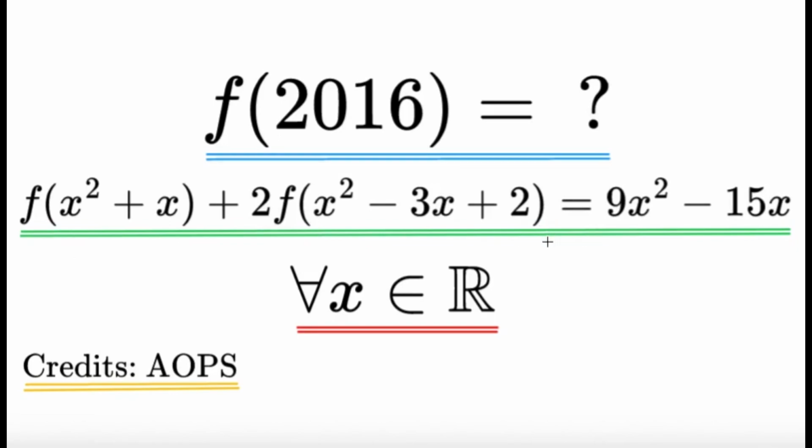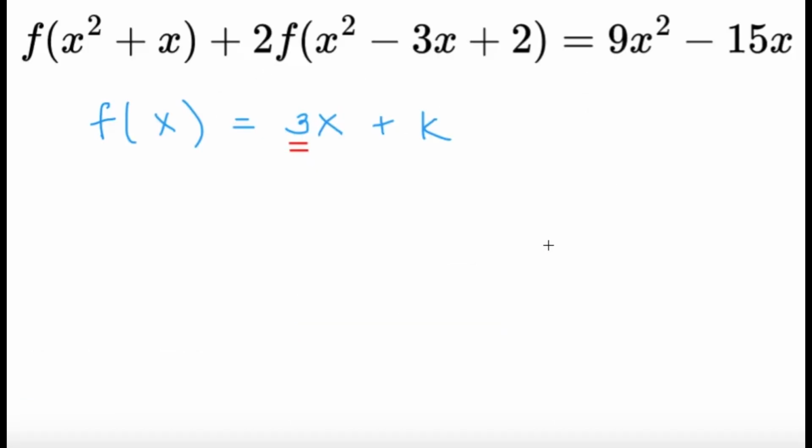In fact, I can know what the leading coefficient might be, and in this case it's going to be 3. f(x) is going to be 3x + k.